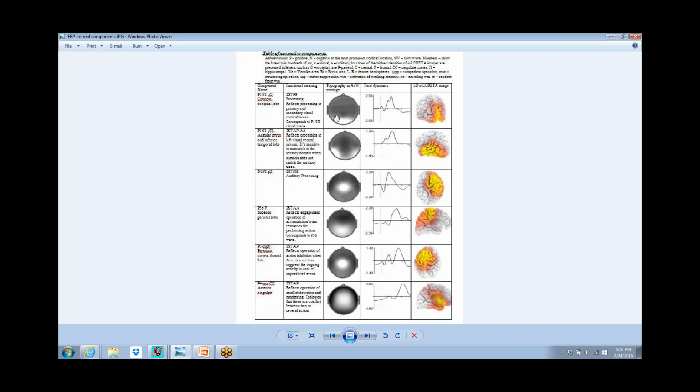And the early one is stimulus detection. I mean, it's a visual stimulus, and the back of the head receives it about 100 milliseconds after the arrival of the visual stimulus. That stimulus is then processed across the dorsal and ventral processing streams, and that's a little bit more latent, but it's still fairly early.